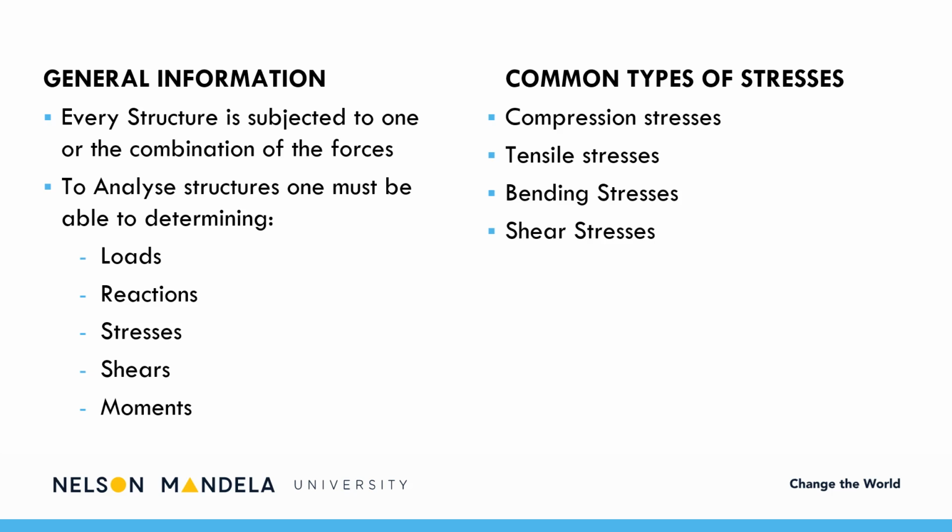So again, I'm repeating, if you're analyzing a beam, you must be able to look at your loads, calculate the reactions, then you look at your bending stresses and your shear stresses. Whereas if you're looking at a truss, then you're looking at your loads again, you look at your reactions, and then you calculate your compression stresses and your tensile stresses.